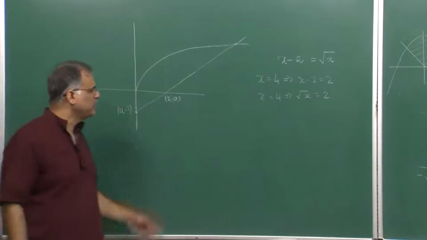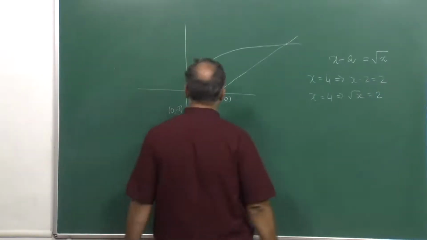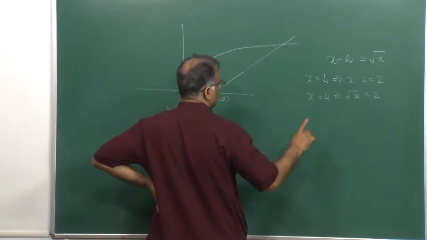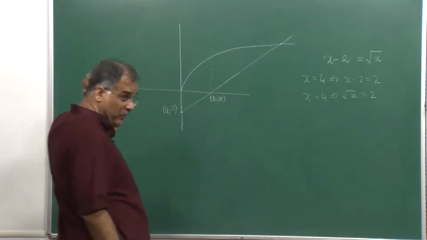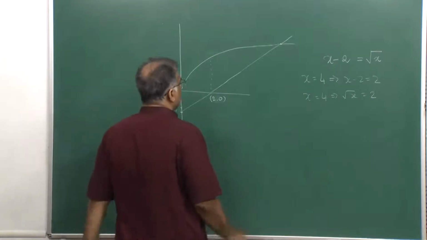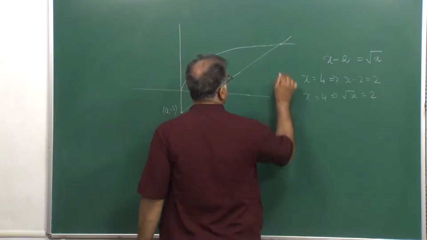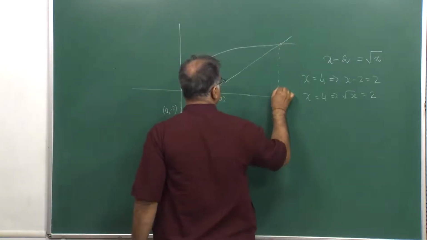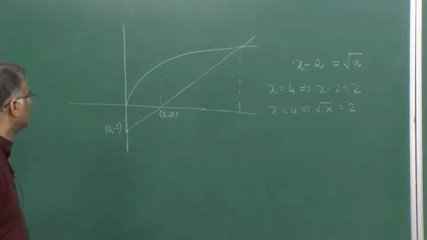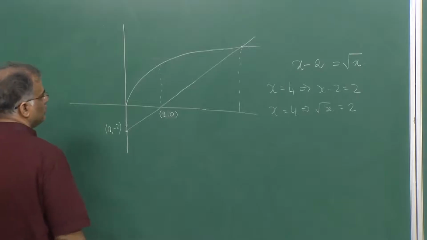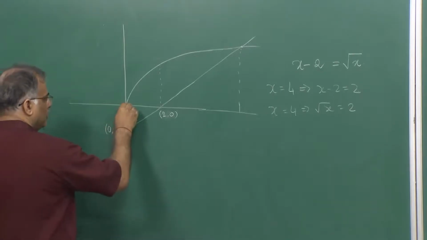So, that is it. Root x means positive root x only, we are not writing minus root x, because if you write that, then root x does not remain a function, right. So, basically now my job is the following. Find the area under the curve.